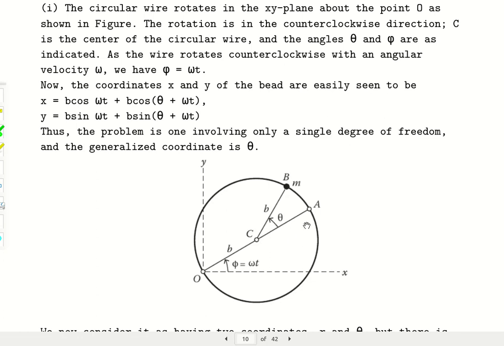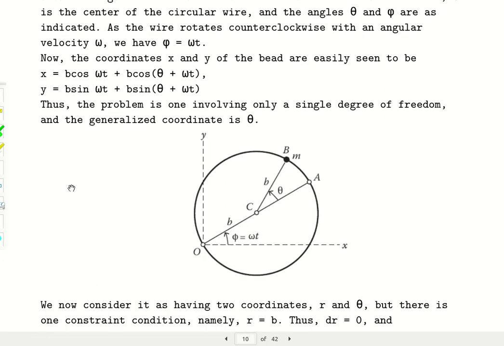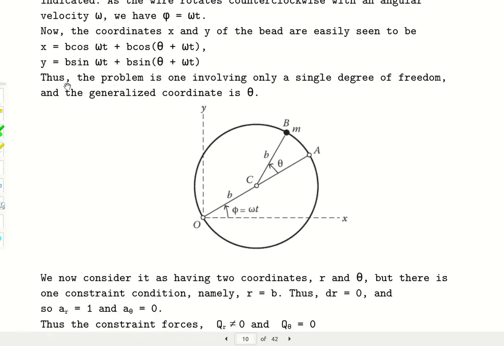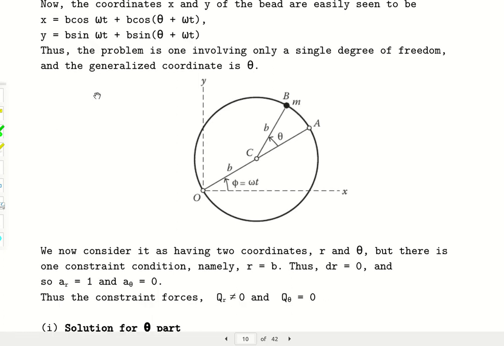It can be seen here, and you can break these into components, where b is the radius of the wire. So b cos omega t plus b sin, it can be done. You will do this. X and y coordinates can be found explicitly in terms of time.